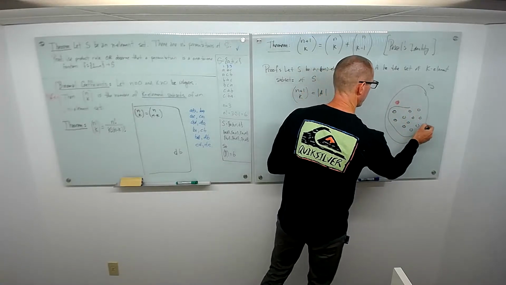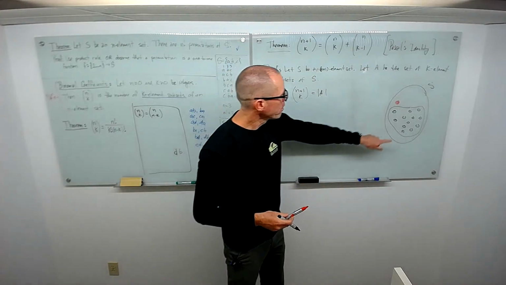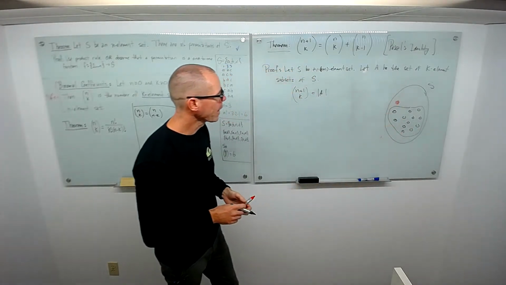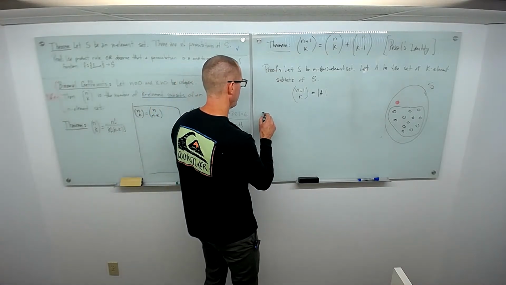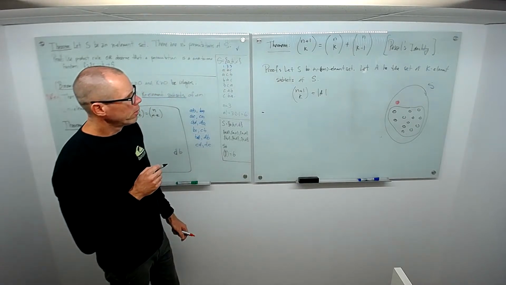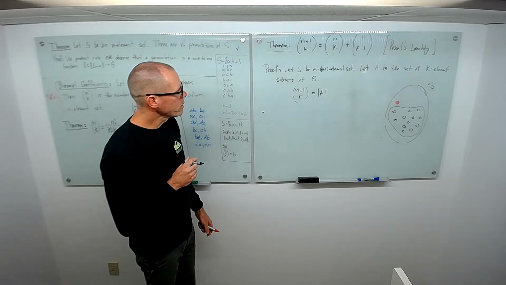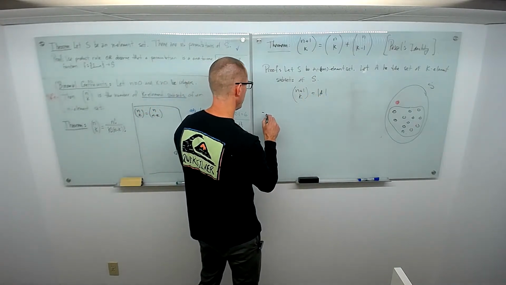So that means there's n other elements, and then there's this one element here. How do we get subsets of S? Well, we split into two parts.